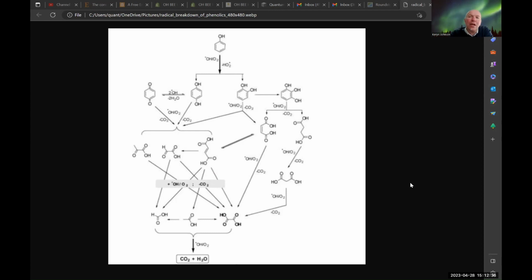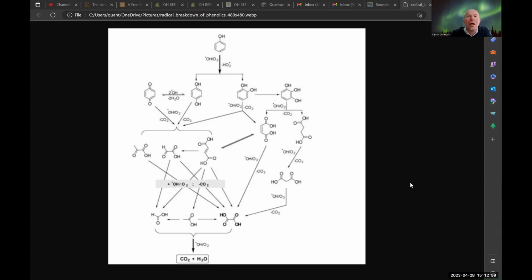And because it's not lasting long, it's only lasting a nanosecond, it hasn't got a chance to migrate away from the ring. It actually just reacts with the first thing that it comes across, because it's that reactive. It's the most potent oxidative biochemical known. So that hydroxy radical hydroxylates the ring. It opens it up.